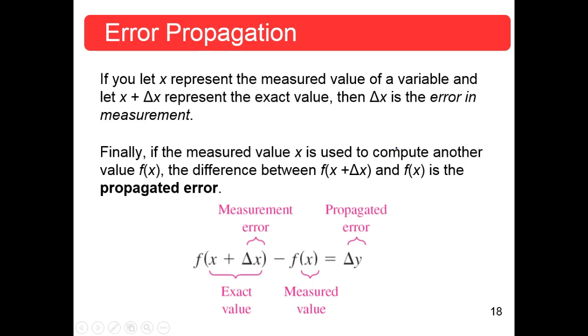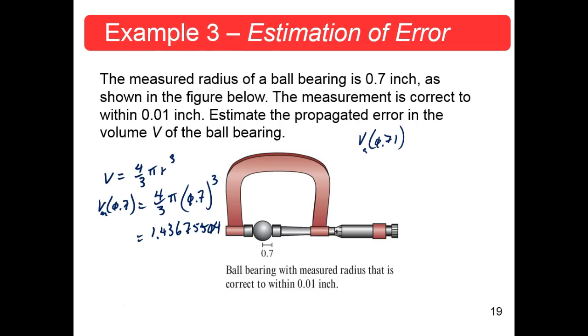Okay, we're going to do it the way they did and do the measurement error as a plus. It could have been a minus, but they didn't say, so let's do it that way. And that would be 4/3 pi times 0.71 cubed. What you got?